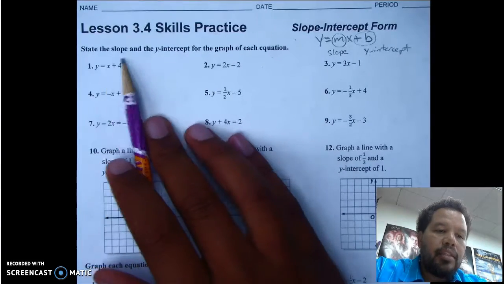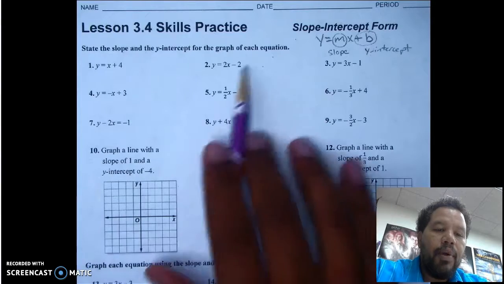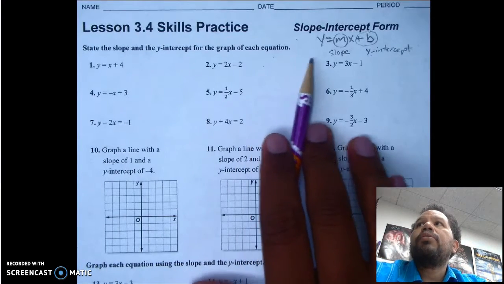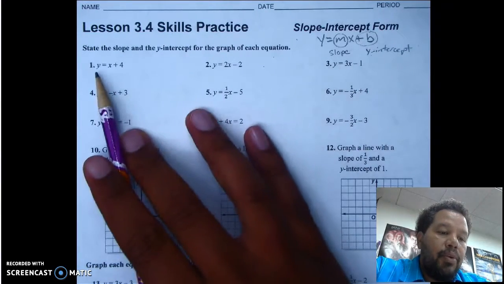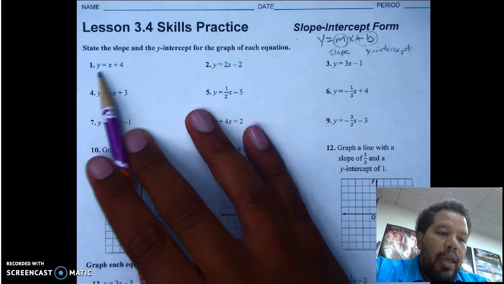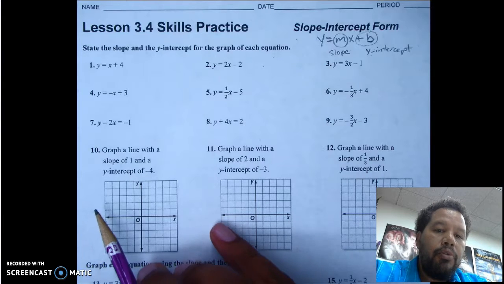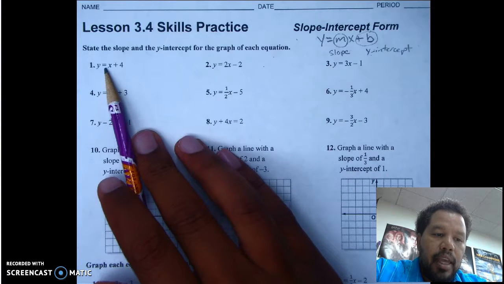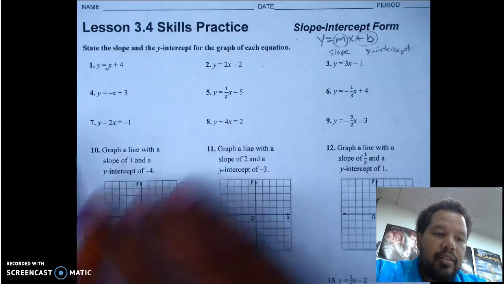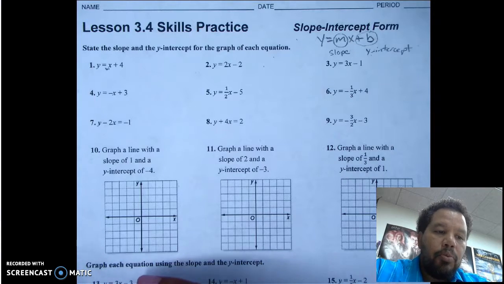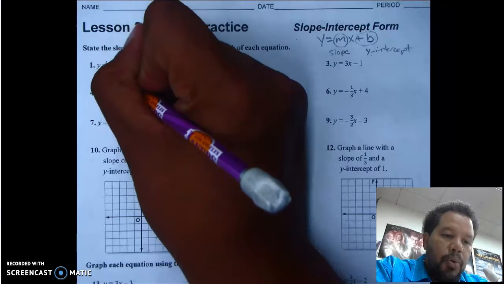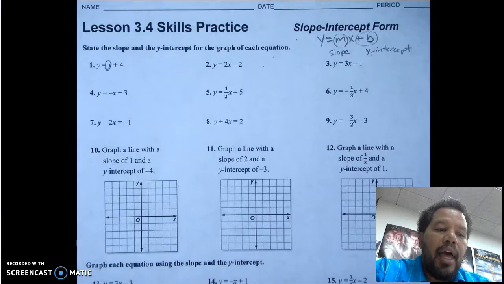State the slope and the y-intercept of the graph of the equation. So if you're looking at this equation, we have y equals x plus 4. It is in slope-intercept form, so the coefficient, the value next to the x, will be the slope. Since there's no number there, there is an implied 1.